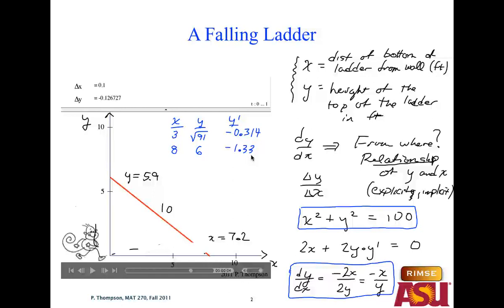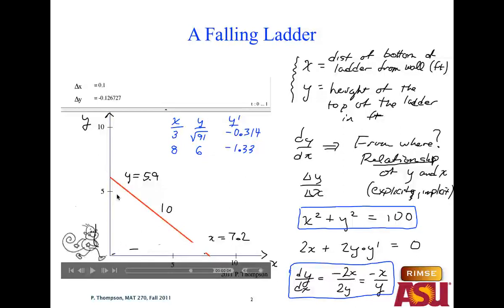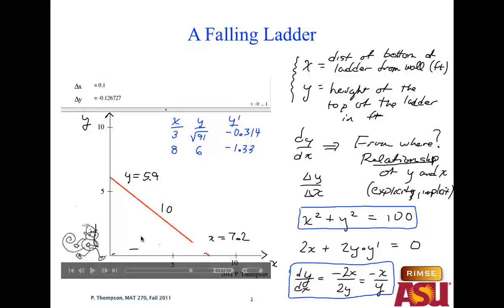And that amount of change of y is getting more negative, right? So we have bigger drops for the same change in x. We're going to get bigger drops in y as x increases.